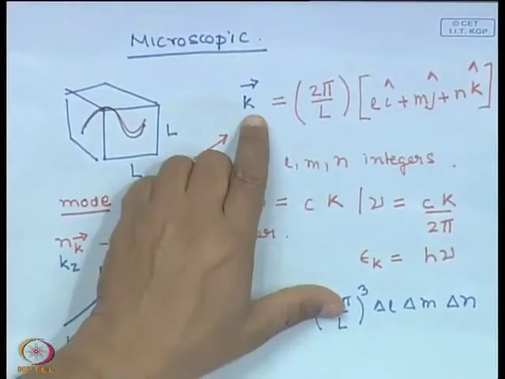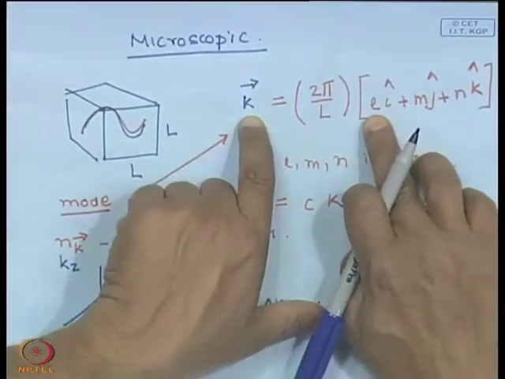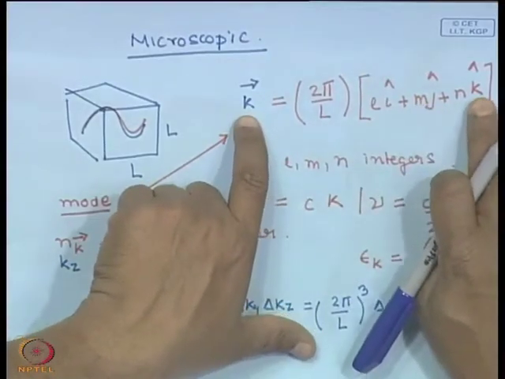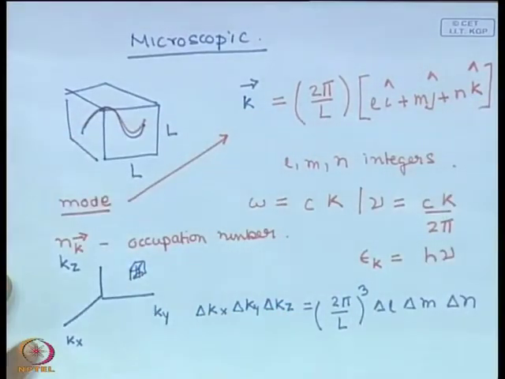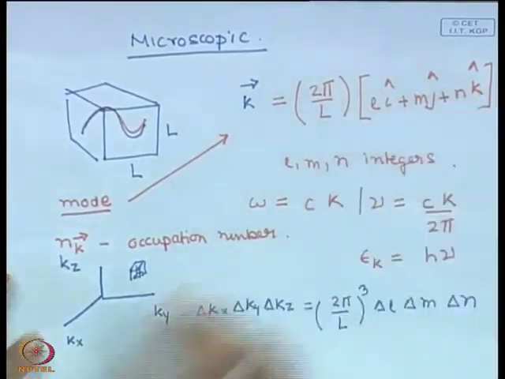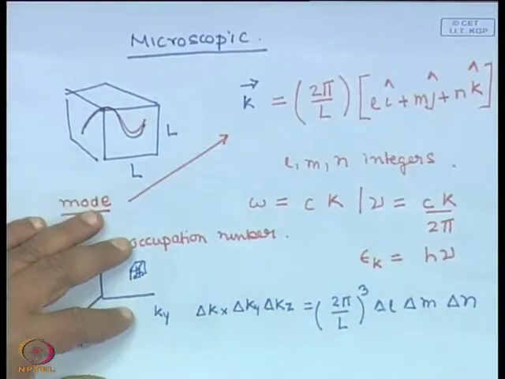If I just increase kx, only this is going to increase. If I just increase ky, only this will increase. If I increase just kz, only this will increase. So, if I want to count the number of modes, I have to take the increase in this into the increase in this into the increase in this. The product will give me the total number of modes, right.